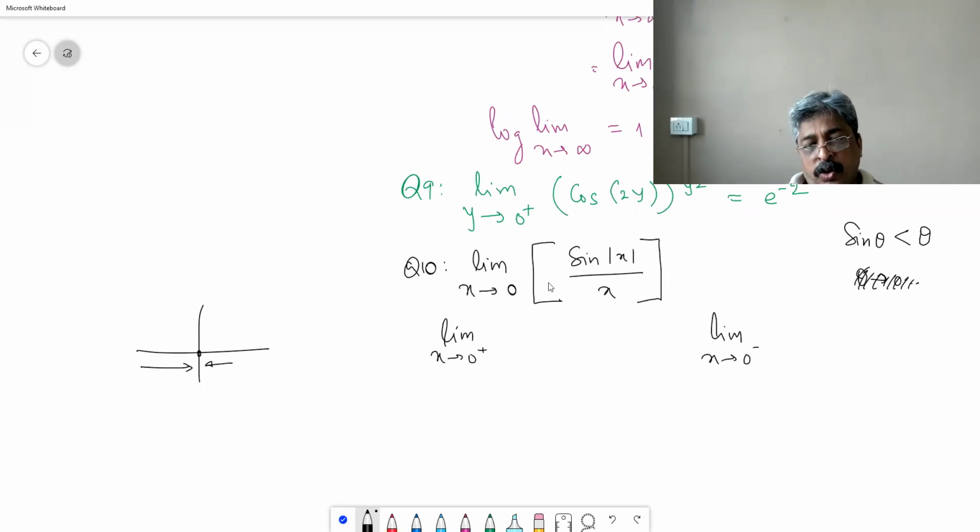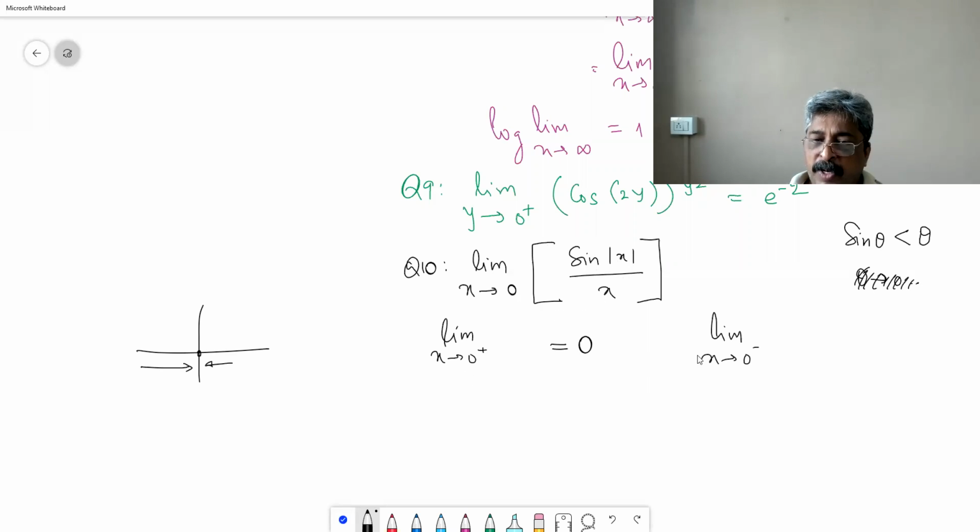So if you are approaching 0 from the positive side, this absolute value does not make any sense. It is sin x upon x, and the numerator is going to be smaller than the denominator, and therefore this fraction is going to be less than 1. Therefore the greatest integer of that is going to be 0.